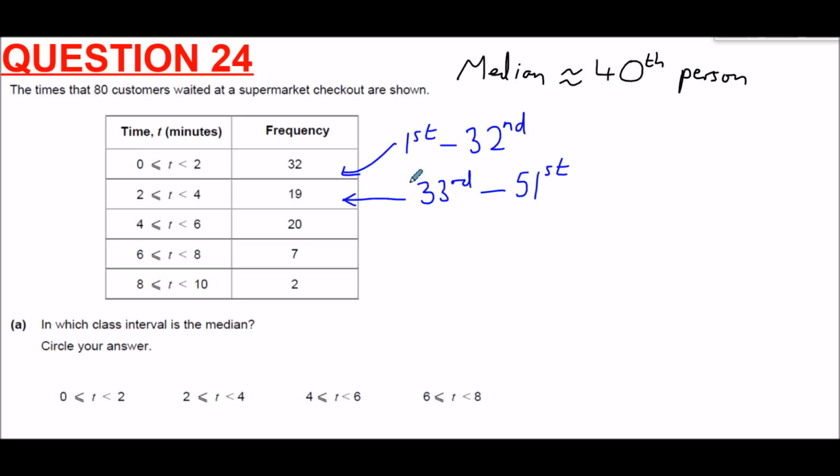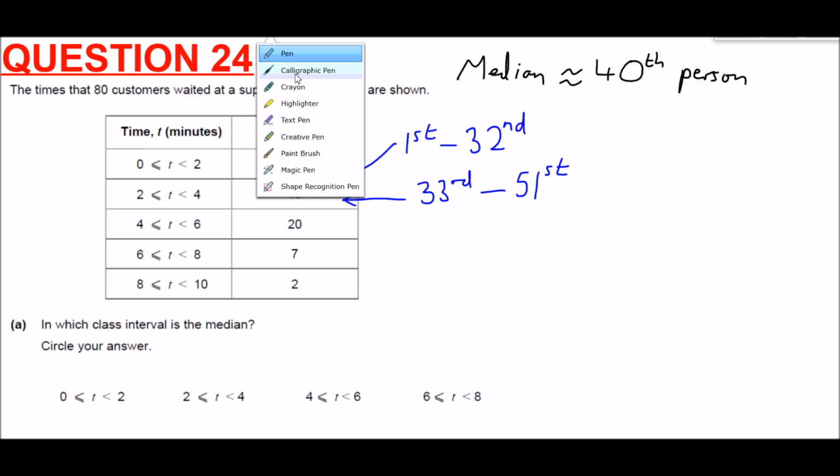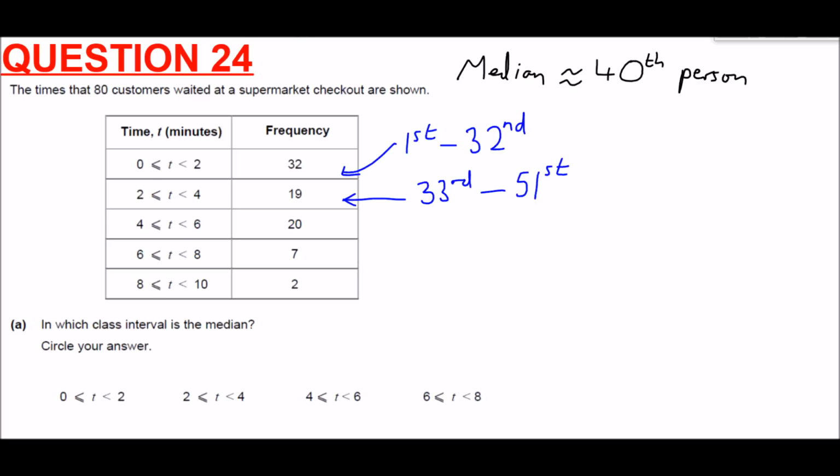So the 40th person will be somewhere between the 33rd and 51st. So we know which one contains the median. It's got to be this one here. So we need to circle 2 to 4.